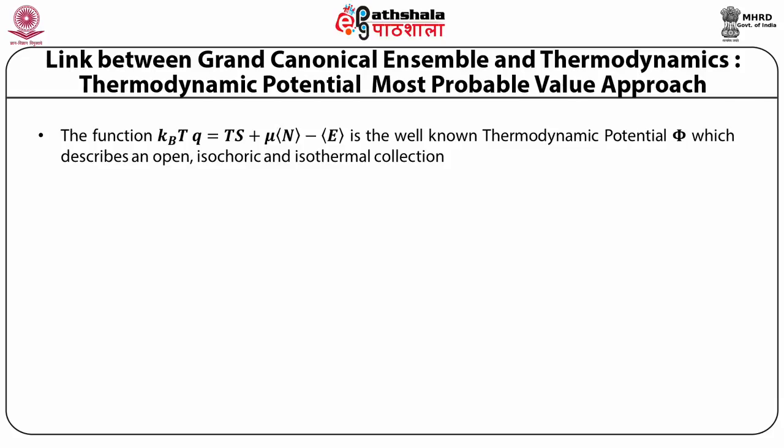This is the well-known thermodynamic potential phi, which describes an open, isochoric and isothermal collection of particles, given by phi as a function of T, mu and V, equal to TS plus mu times the mean number of particles minus the mean value of energy, which is equal to Q times kBT.